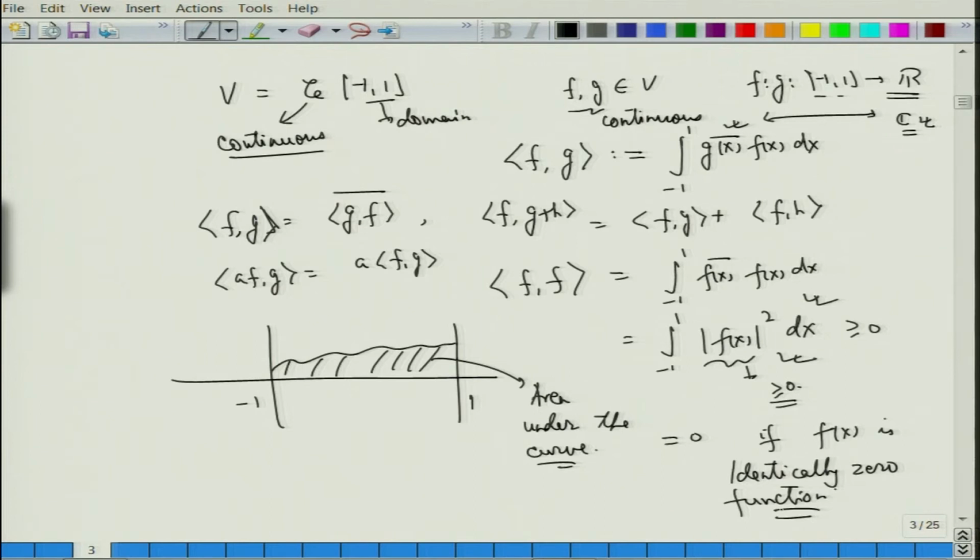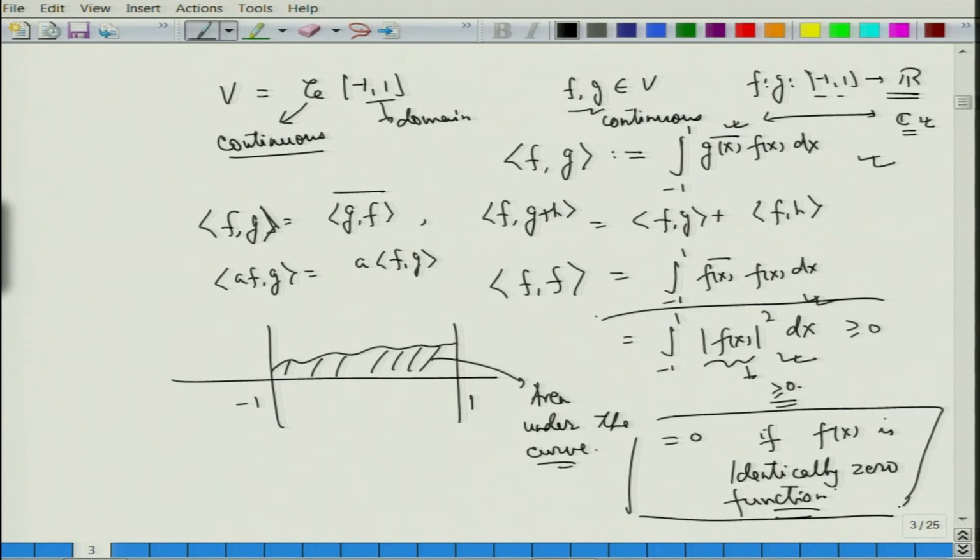Is that okay? Now in general, when you don't have a function which is continuous, if I have a function which is continuous at every point except at a finite number of points, integration makes sense, but I will not be able to conclude this part. What I am trying to say is that if I have a function which is 0 here, then one point is here, again it is 0 here, again another point is here, and so on.